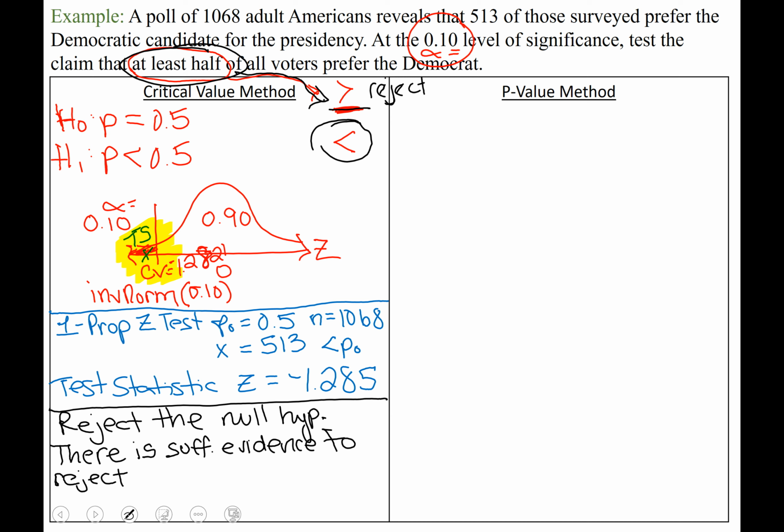And if your claim does not contain equality, you would put support. Okay, so there is sufficient evidence to reject. And then, no more decisions to make. We just write the claim that.